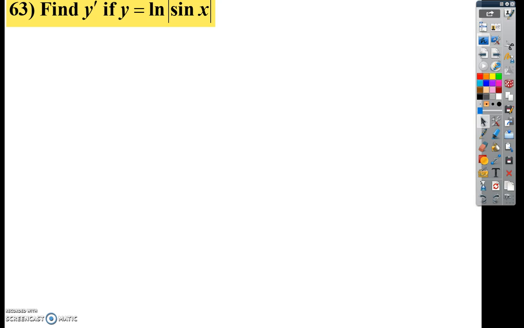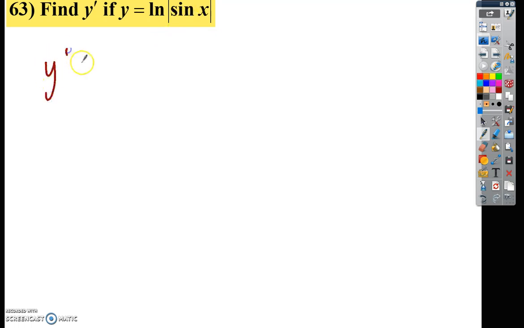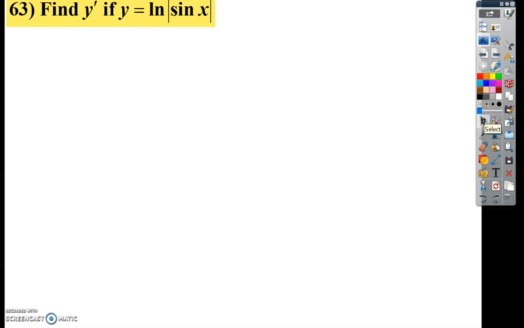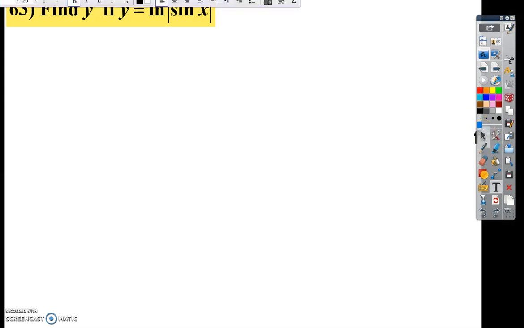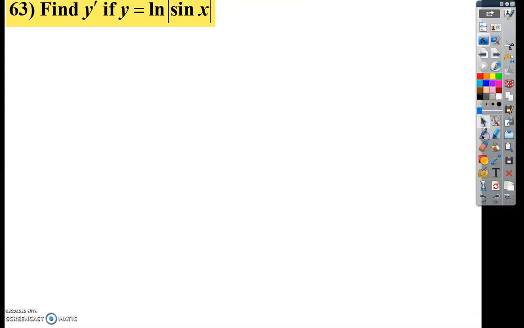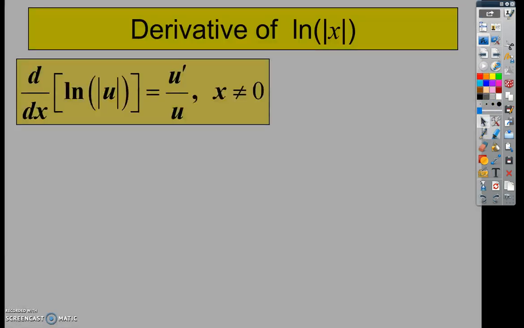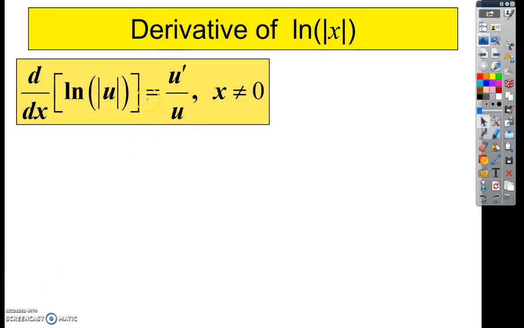So here we have y prime if y equals the natural log of sine of x. So y prime will be 1 over the sine of x, because it's just the u. So let's just go back and look at that really fast. So see how there's no absolute values on it?